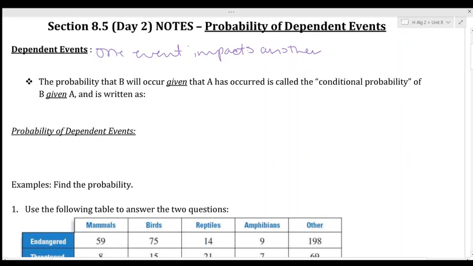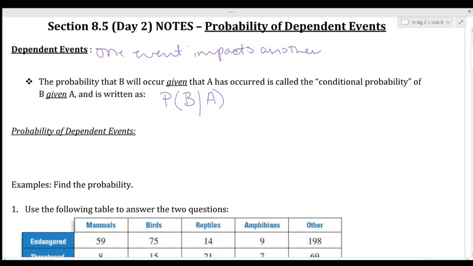Now, the probability that B will occur given that A has occurred is called a conditional probability of B given A. And we write this as P of B given A, where this line means "given." Again, this is when one event impacts another. That's how you write the event for a probability.